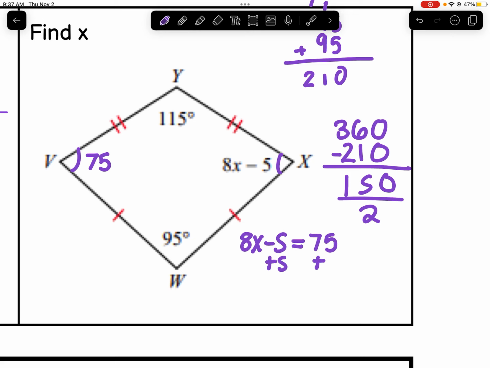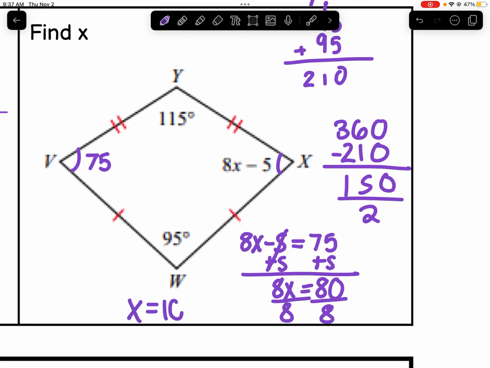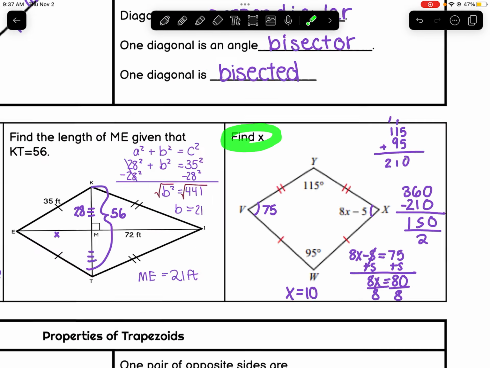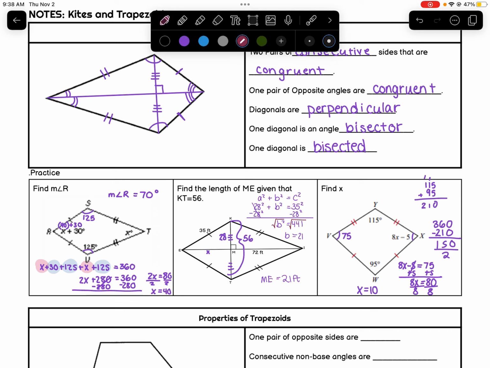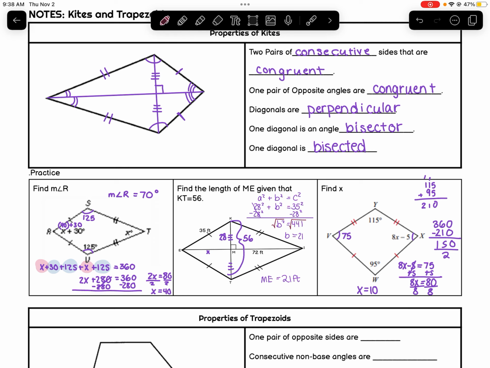We're going to add 5 to both sides, and I get 8x equals 80. Divide by 8 on both sides, and we find that x equals 10. And we've accomplished the task that we've been asked to do. And so that's that on kites.